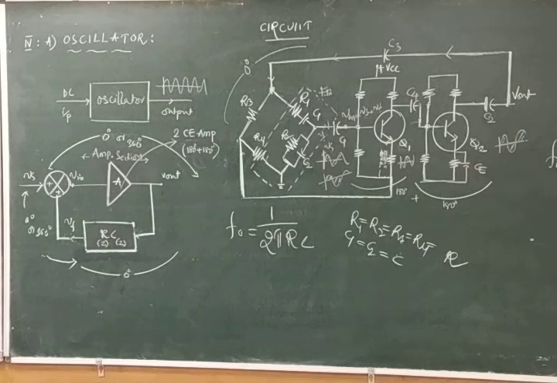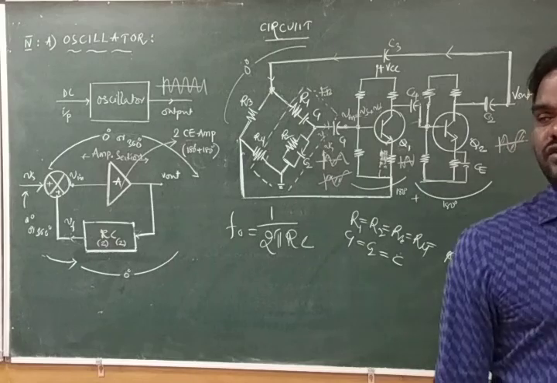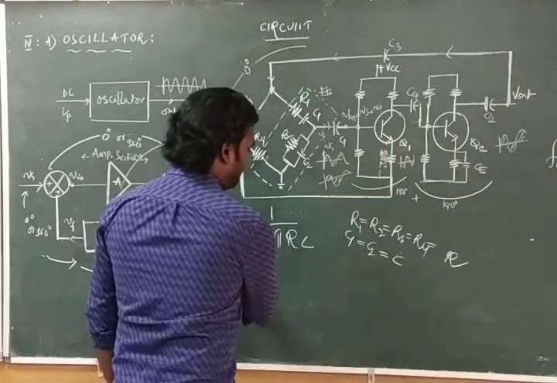R1 equal to 10 kilo ohms, C2 equal to 10 microfarads. Microfarads, mu F. Question is very, very simple.